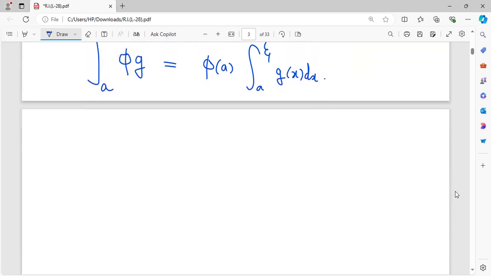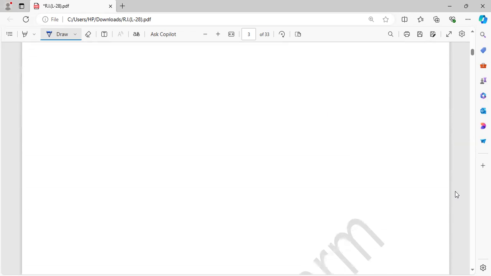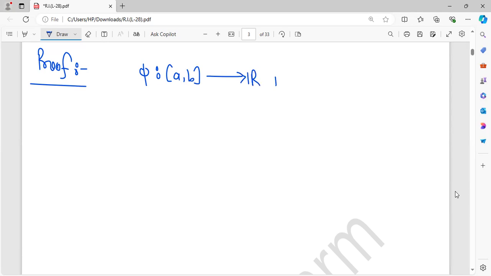So let's see its proof. So phi from [a,b] to R is a non-negative monotonically decreasing function.